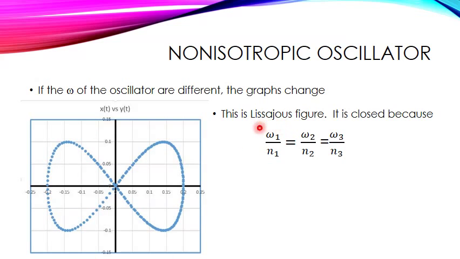That is, if the ratio of the angular frequency to n of each separate oscillator is equal, they're called commensurate, and if they are, they produce these closed systems. Like this, you get these nice figures. If they're not, you don't get closed paths. It's going to take a very long time, maybe, to get back to its original position.